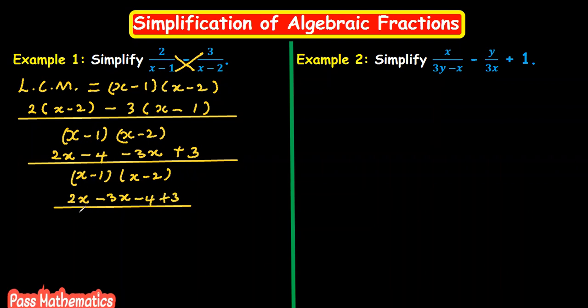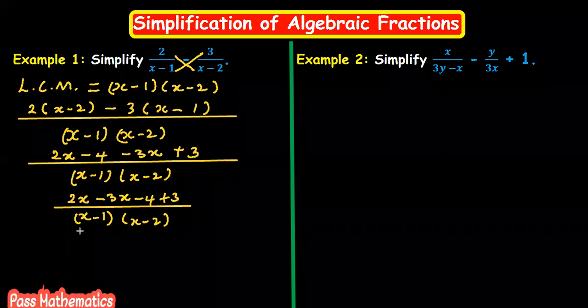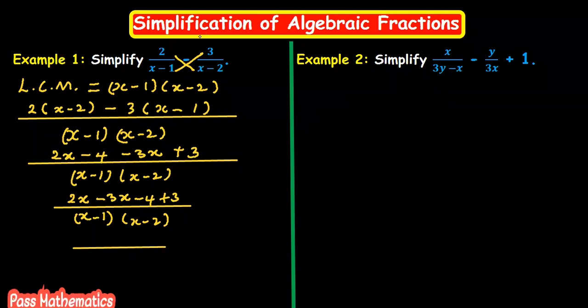Do not forget these denominators, or the LCM, we'll write them here again. And then 2x minus 3x is minus 1x, and then here we should have minus 1 as well. So we write down this, and then this as well.